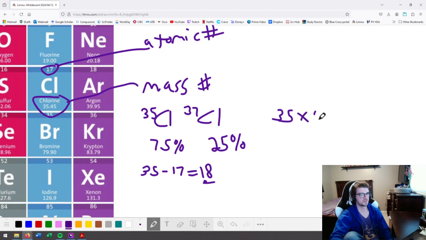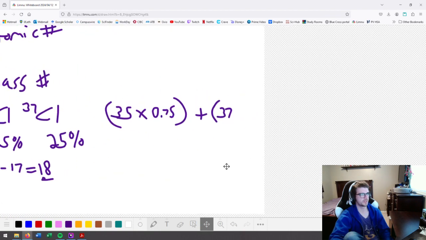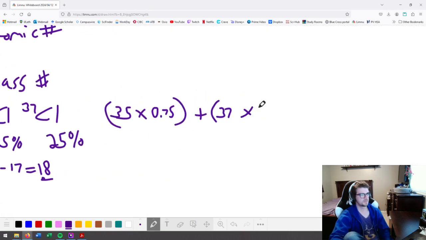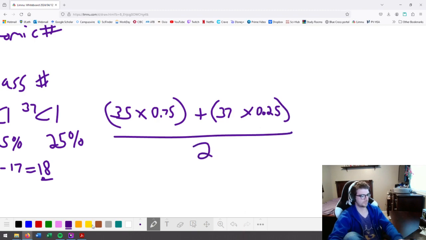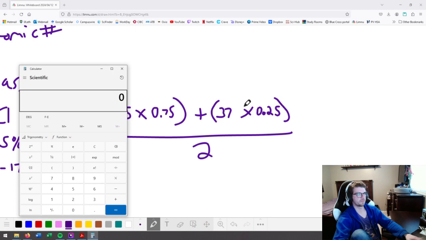35 times 0.75 plus 37 times 0.25. I wonder if that actually works out, because I might have the formula wrong here, but let's try.